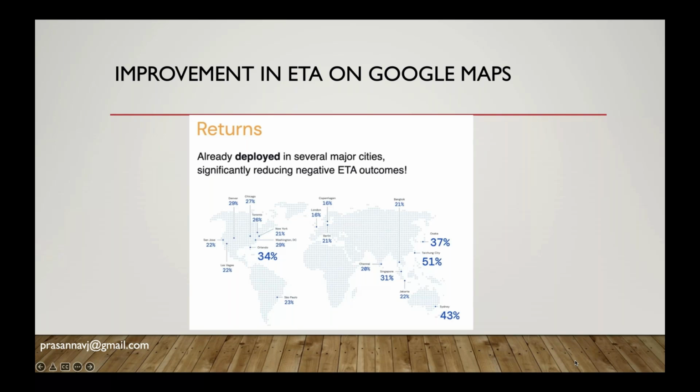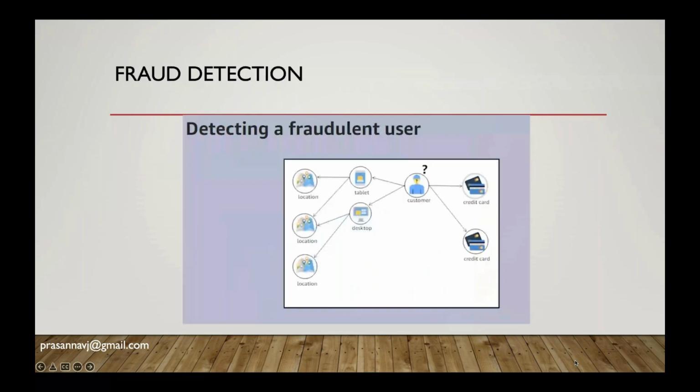Okay, the other use case for graphs is, for example, fraud detection. This is a very famous scenario for banks and credit card providers. Assume a particular customer utilizes a specific set of cards, using a specific set of devices, at specific locations. That is the information the graph already has: the location information, your devices, and the different cards you have used.